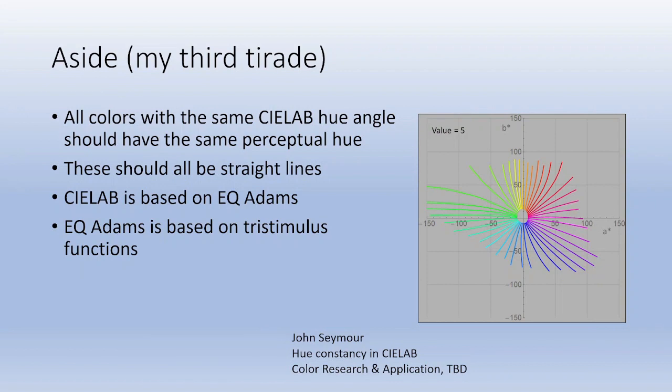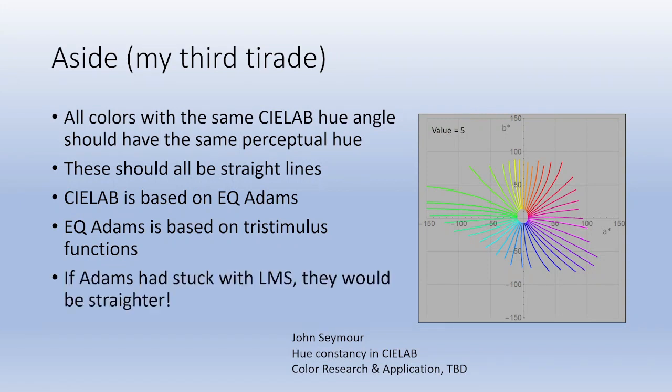The tristimulus functions are not the human vision system. They're not the cones. And because of that, we have a problem. If Adams had stuck with LMS, as he had in his 1923 paper, these lines would all be straighter. That's the end of my third tirade.